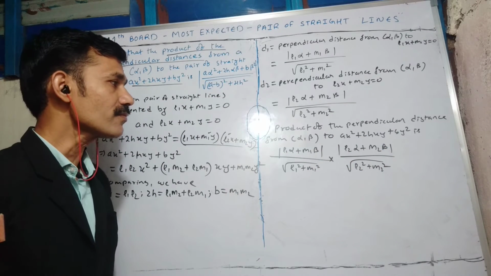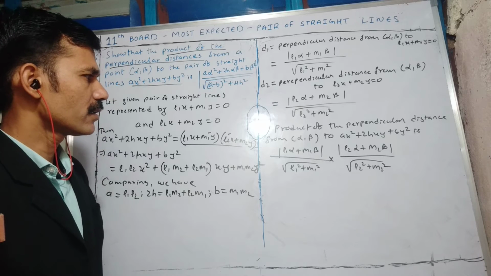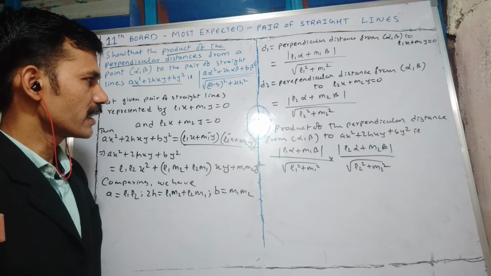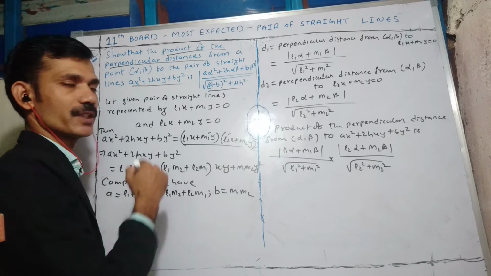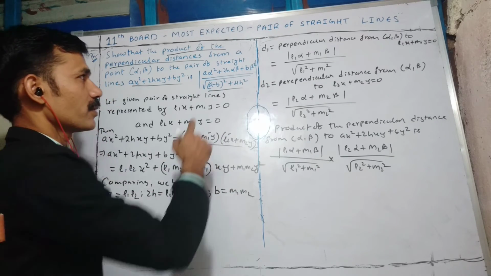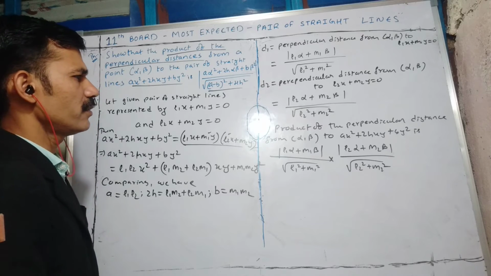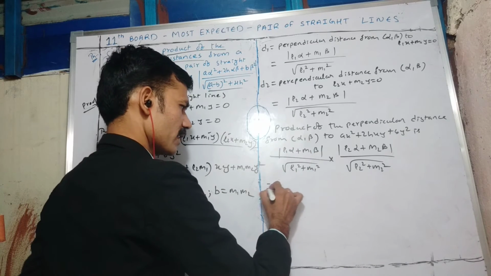Isn't it? Now see, we can multiply so that we can get this, and multiplying we have to express this. They asked us to show that product of perpendicular distances is this. So what we will do? Straight away we will do multiplication.